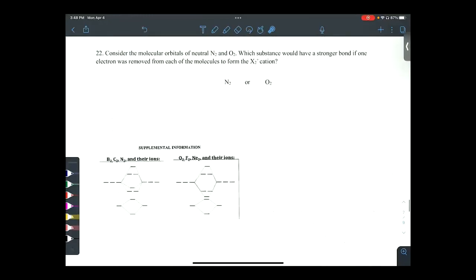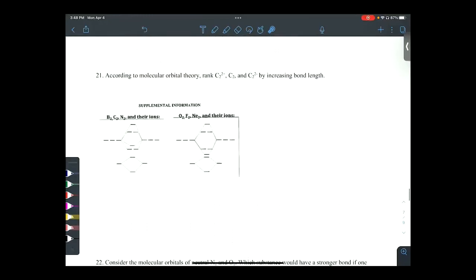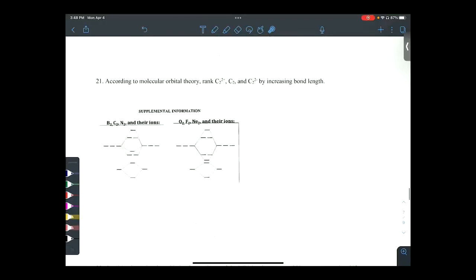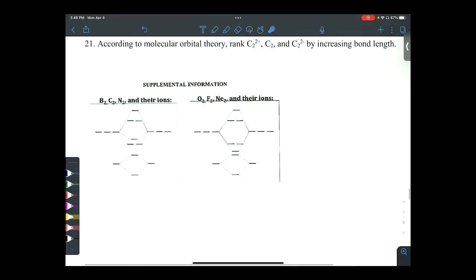Okay, so let's keep going. Let's do 21. According to MO theory, let's rank these carbon substances by increasing bond length. Increasing bond length. So remember, you are given these diagrams. You just need to know how to use them. The whole idea is that both of these diagrams are talking about the S and the P interactions between these diatomic molecules.